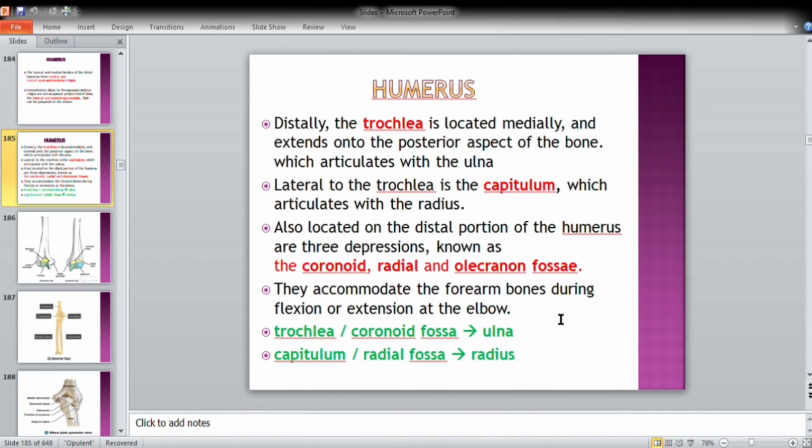They accommodate the forearm bones during flexion or extension. The trochlea or the coronoid fossa accommodates the ulna, and the capitulum and the radial fossa, as the name shows, accommodate the radius.